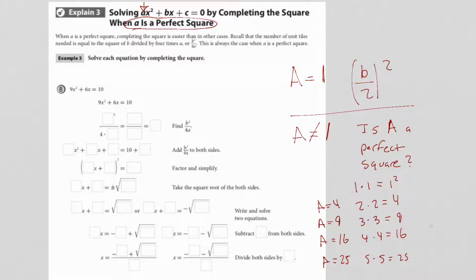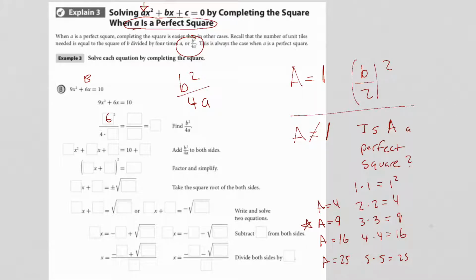then we use a different rule than b divided by 2 squared. And in tiny print, it's right here. We're going to use b squared divided by 4 times a. So in this example, here's the condition. A is 9, and 9 is a perfect square. So we have to use this different rule. We take the value of b, which is 6.